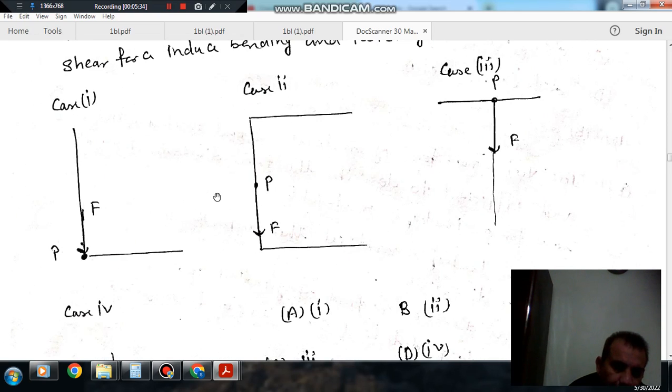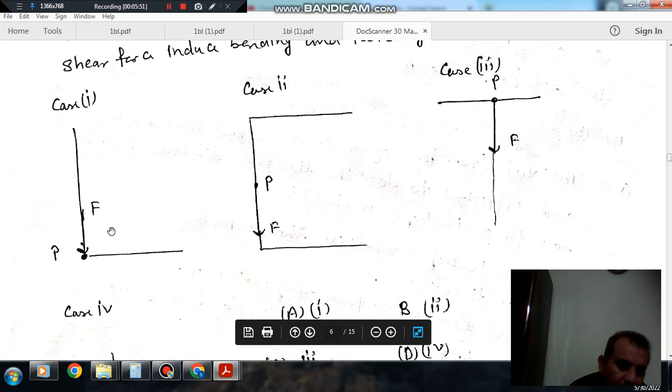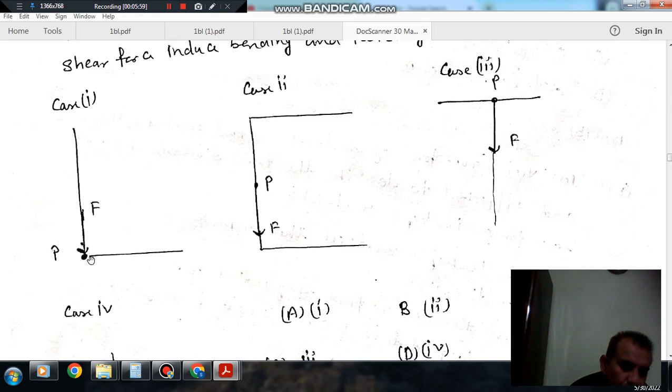So in case 1, the force is acting at some distance from the center. This is not a symmetrical section, so it will induce twisting, because this is not the shear center of the thin channel section. As this is not the shear center, it will produce twisting as well as bending.